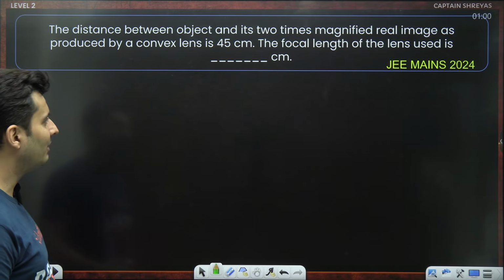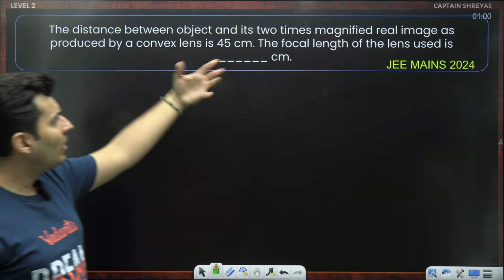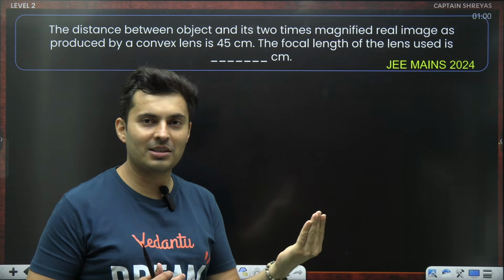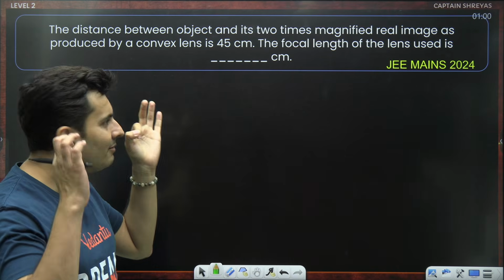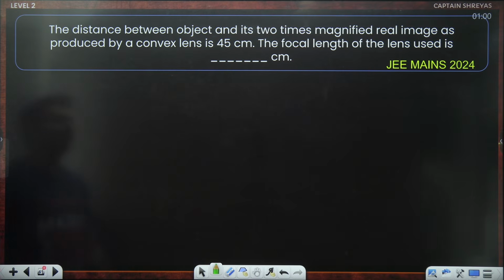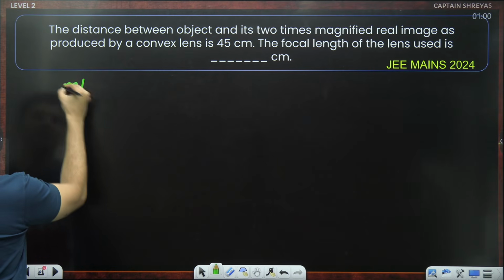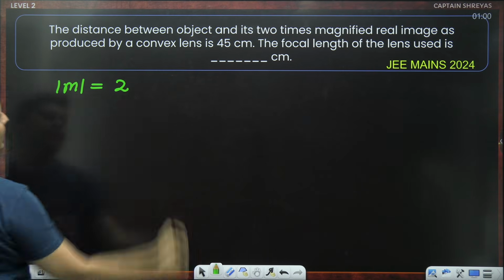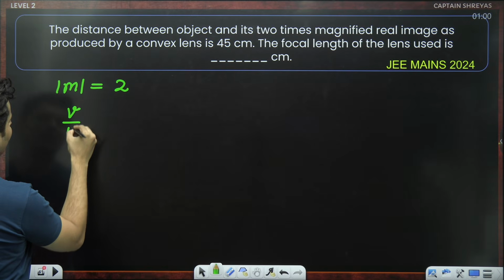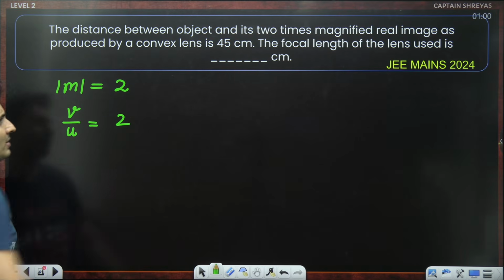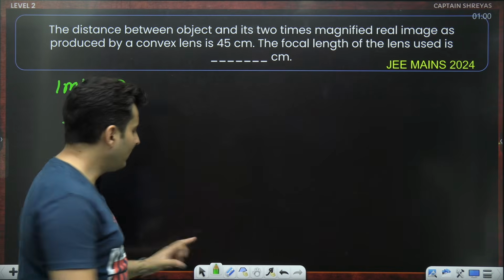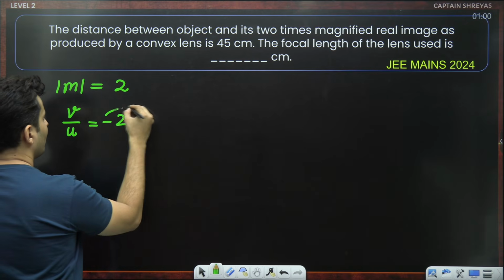Okay, so you should be aware of it. Distance between object and its two times magnified real image is given. You can see this pattern of question is getting repeated so many times. Magnification given, image object distance. Very important. So the magnification is basically two times produced by a lens. The magnification formula for a lens is V by U. Now whether it is plus or minus, look at it. It is given to be a real image. The moment it is real, this should be negative 2.